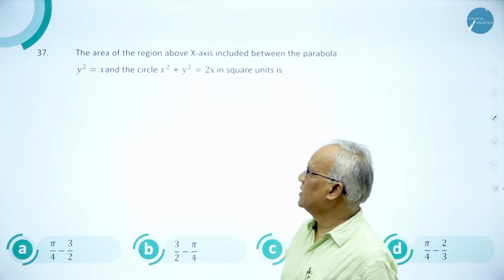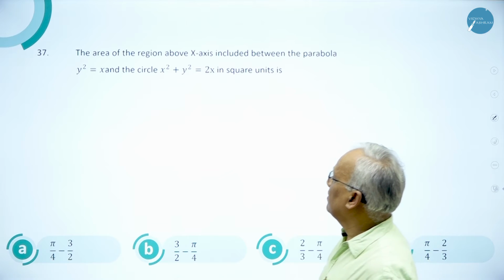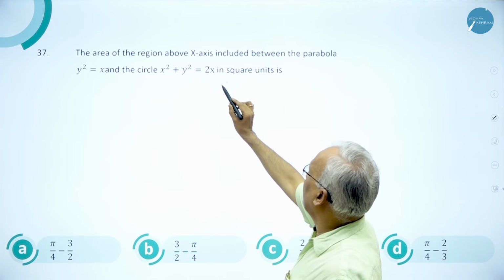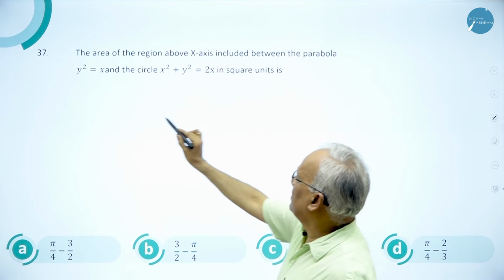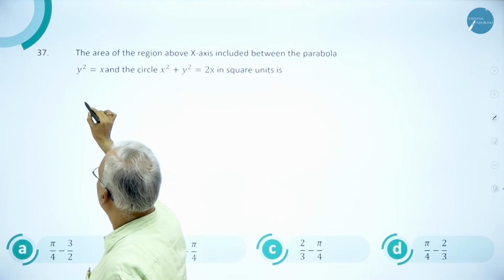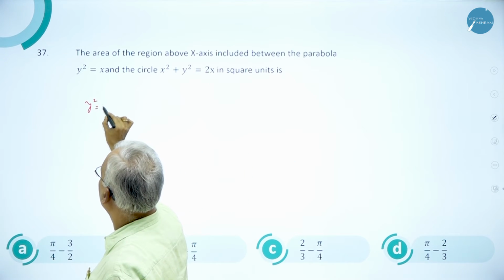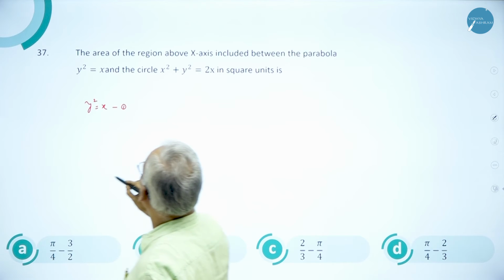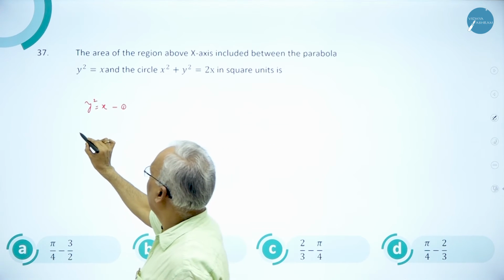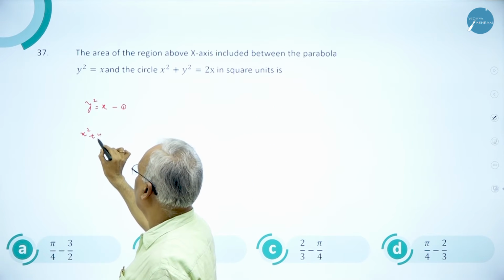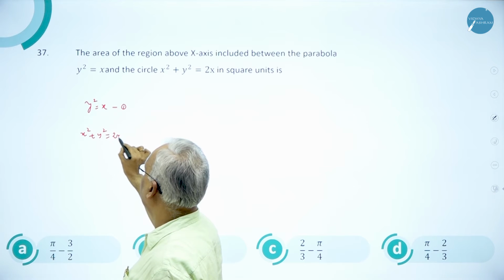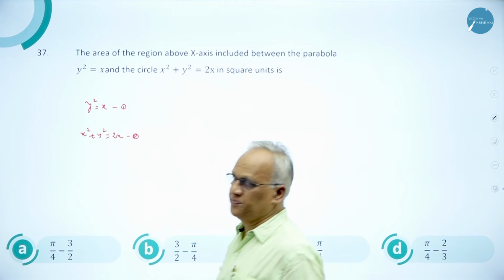So we shall take up the 37th question. Area of the region above x-axis included between the parabola y squared equal to x, you call this equation 1, and the circle x squared plus y squared is equal to 2x, you call this equation 2.